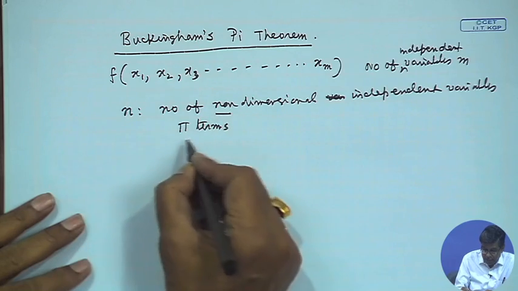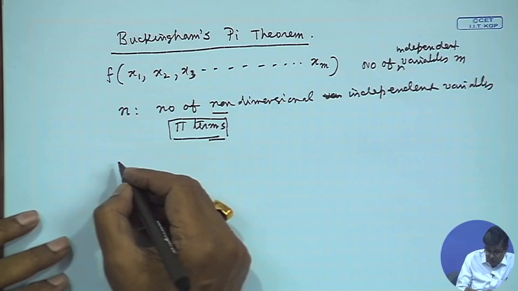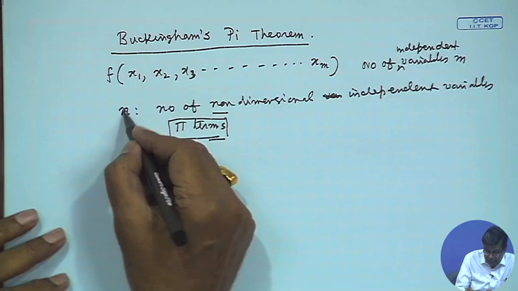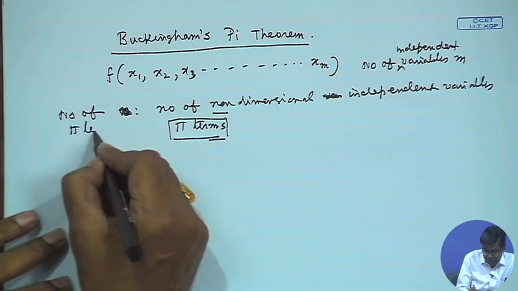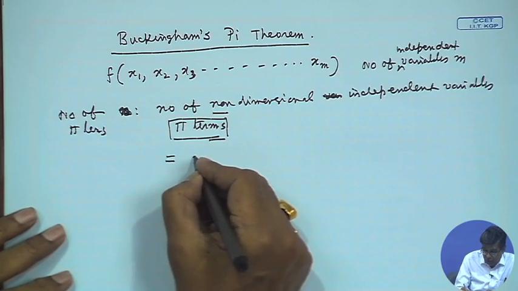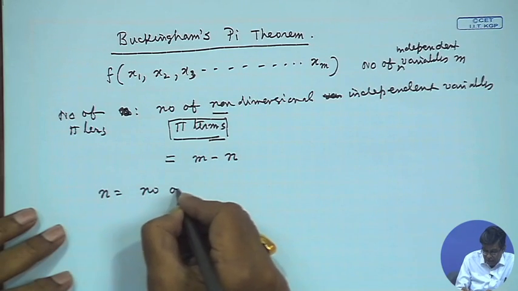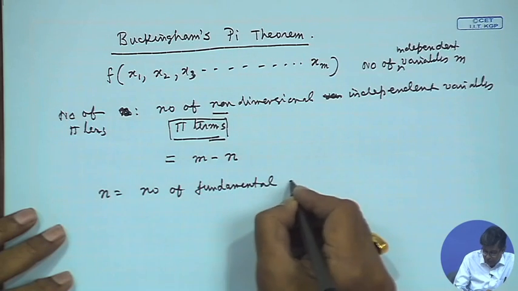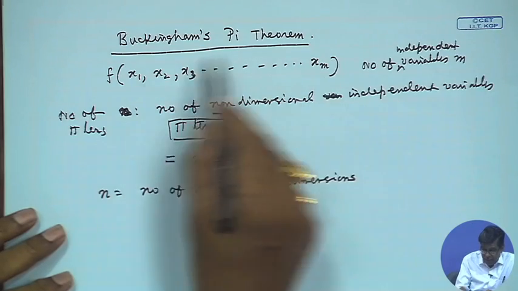If we take the number of pi terms, which is the number of non-dimensional independent variables, it will be equal to m minus n, where n is the number of fundamental dimensions in which the variables are expressed.